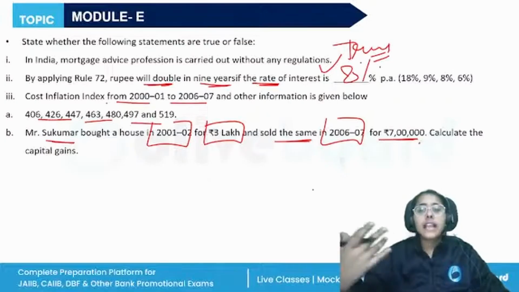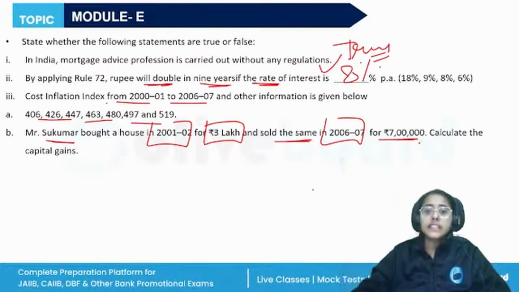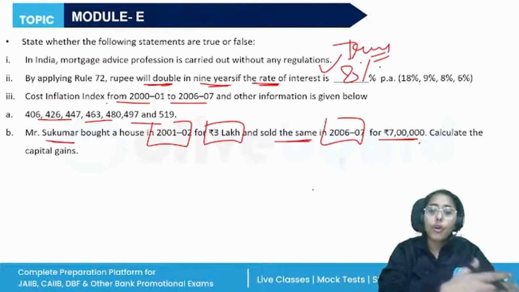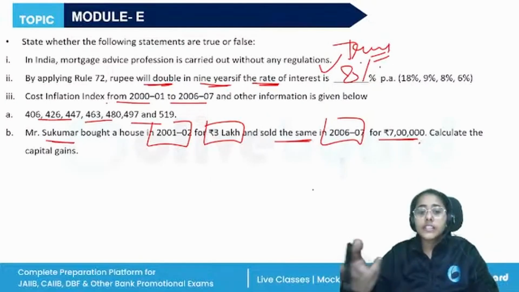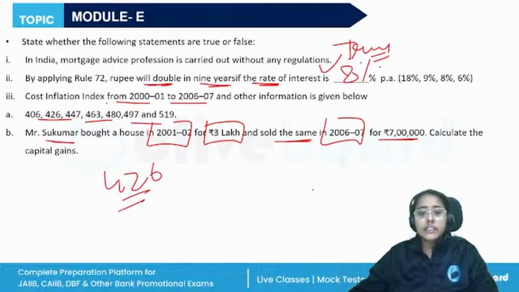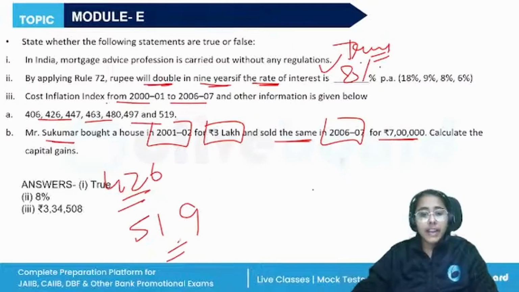So, how do we calculate the capital gains? We will first determine the cost of inflation index for the years in which it was bought and sold. So, for the year 2001-2, it was 426, and for the year 2006-7, it was 519, right? Then simply we will use the formula, the indexed cost of acquisition, which I have given right here.